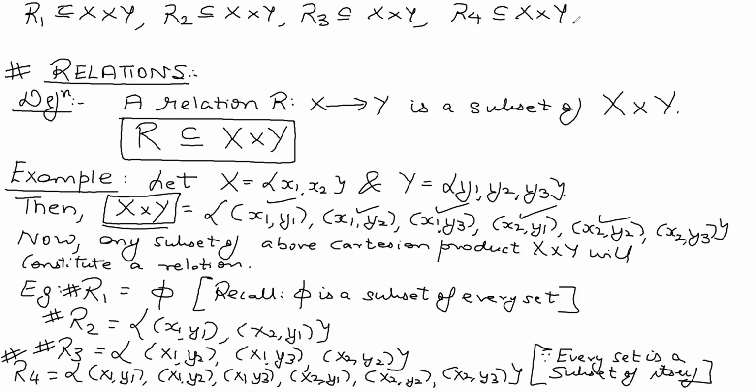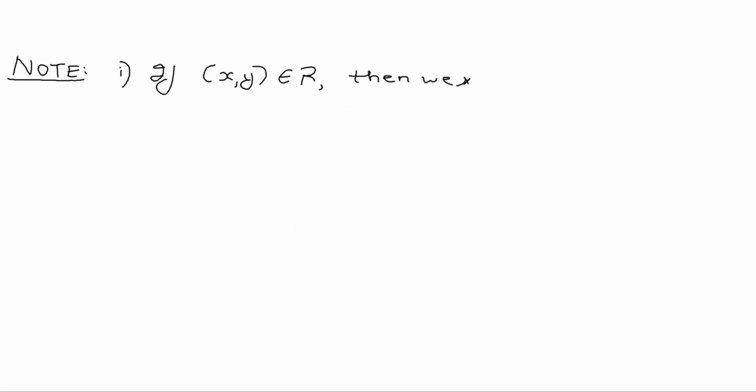Okay, let's write a note. If the ordered pair x comma y belongs to the relation R, then we say that x is related to y.